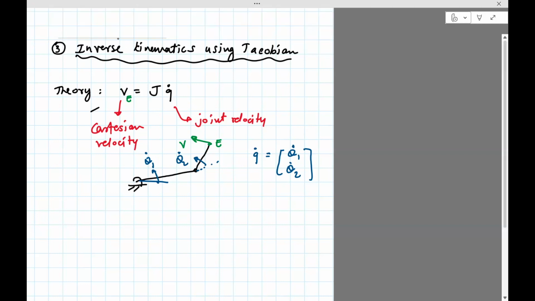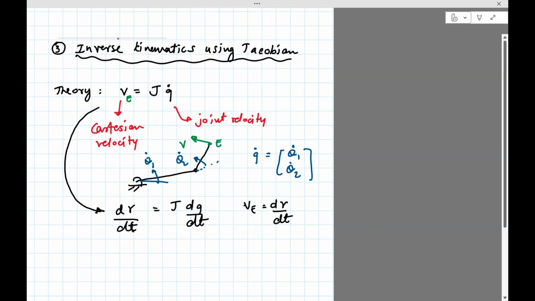So I'm going to take this equation and write it as d, let's call it r, r being the position of point E, dt is the rate of change with respect to time, J times dq dt. Just rewriting the whole thing. So VE here is clearly the rate of change of position of point E. So if you want, you can put RE in frame 0.